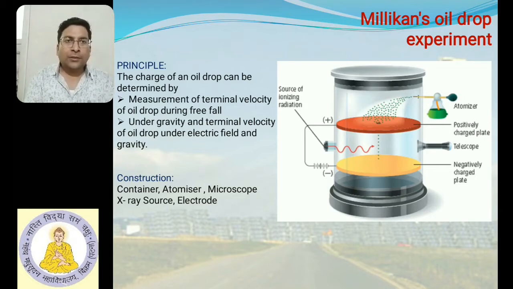In the first phase, we allow the oil droplets to pass through that small hole in the electrode, and we find that after a certain path, the oil droplets achieve a constant velocity, that is v1.